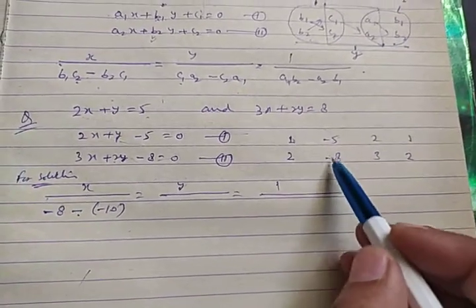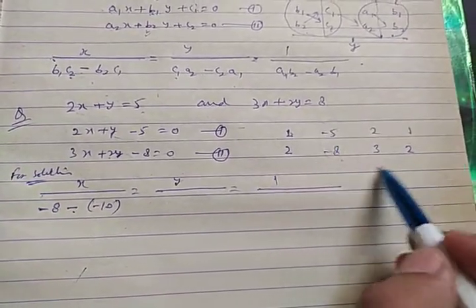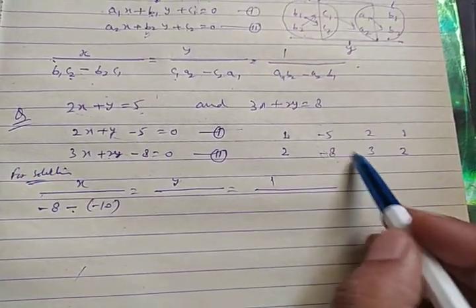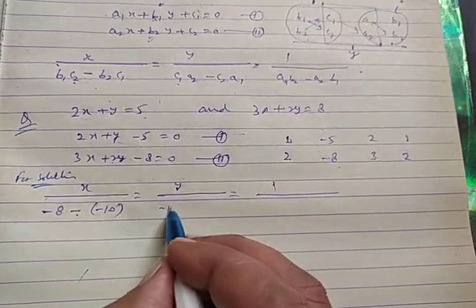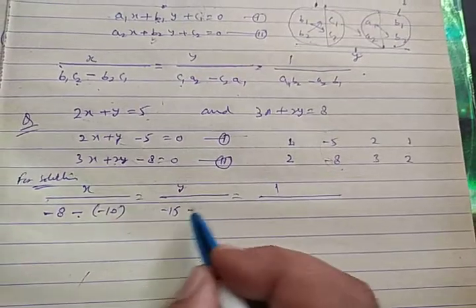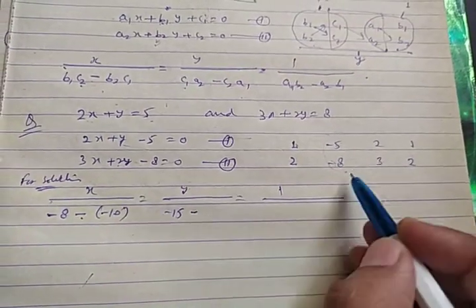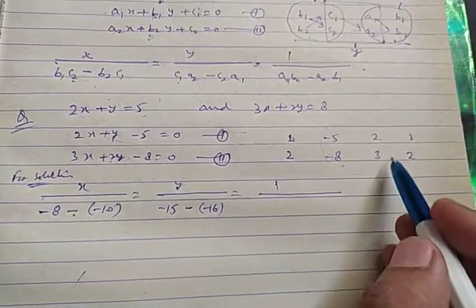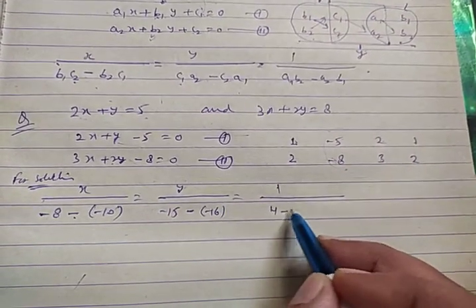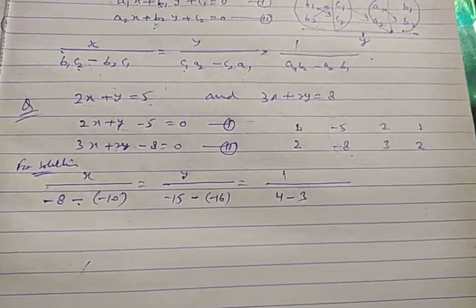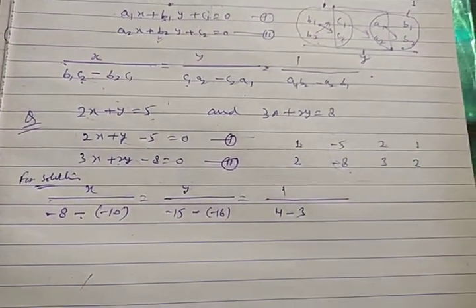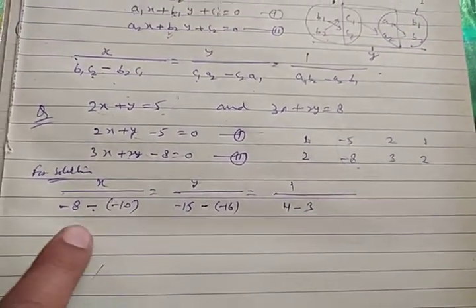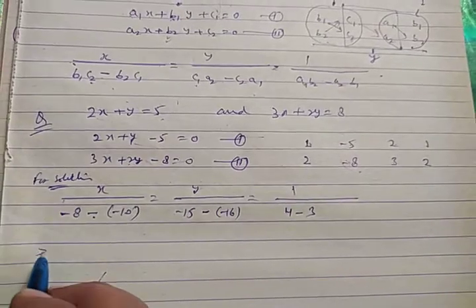Then y upon next 2, multiplication of this 5 3 are 15, minus 15 minus formula, and 8 2 is 16, minus 16. Again 1 upon 2 to the 4 minus 3. Now what you have to do after writing this step, just simplify.